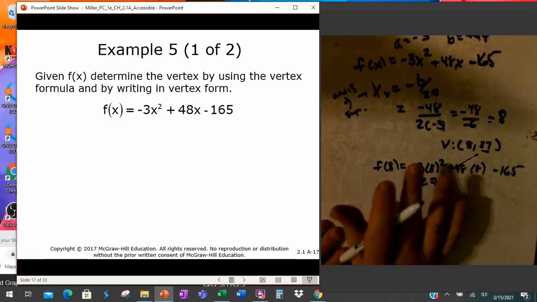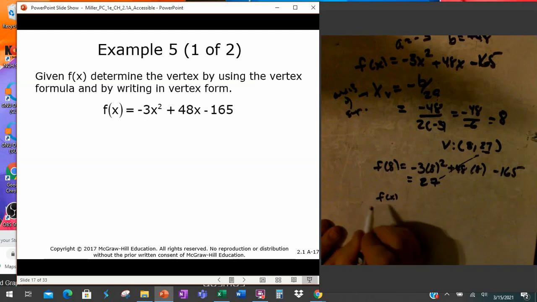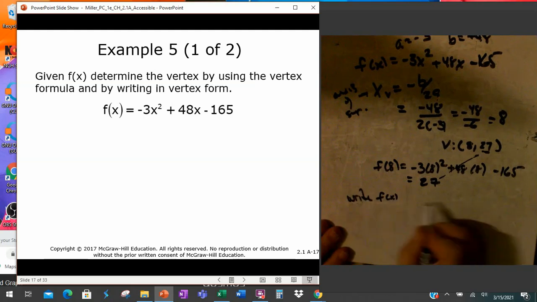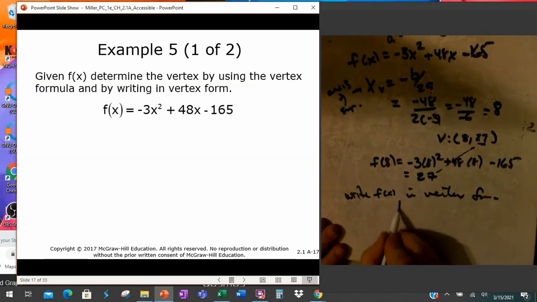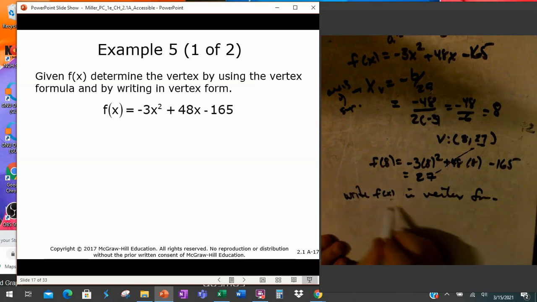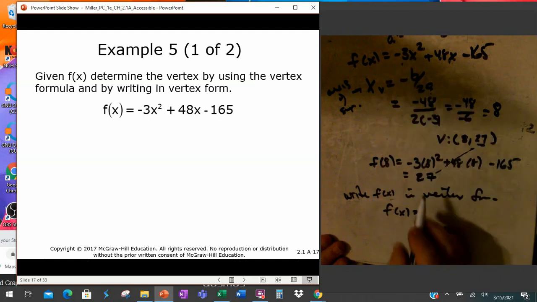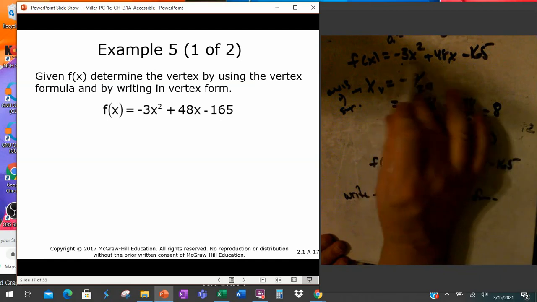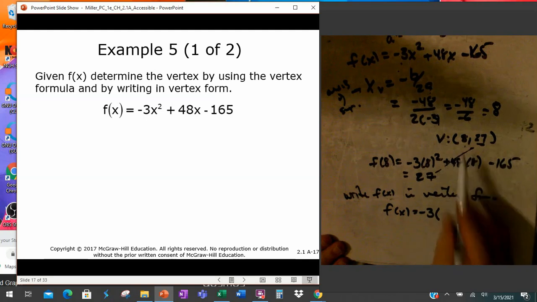What I want to do is write the function in vertex form. So here's how I want to do that. I'm going to say f of x is equal to, it's got to be in this a. This is the very same a. Just like if I factored it out to complete the square, that goes out front, and now I know everything else.